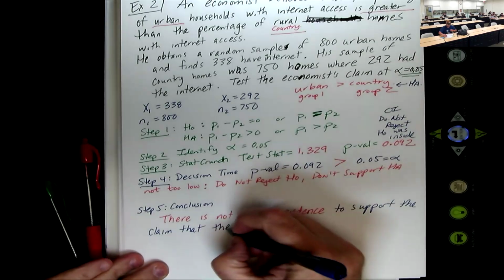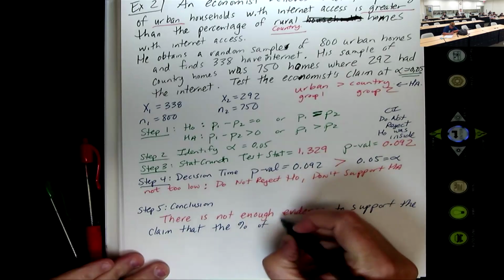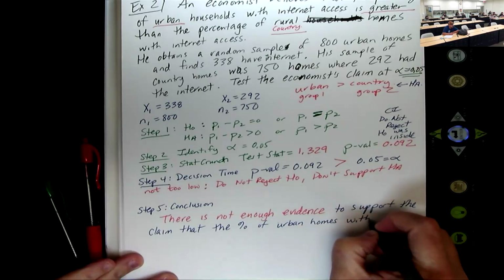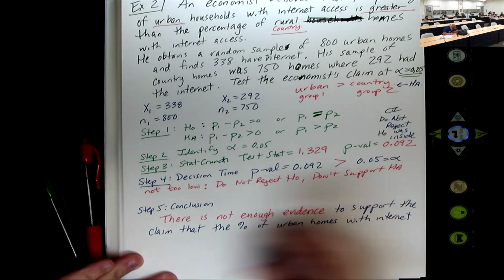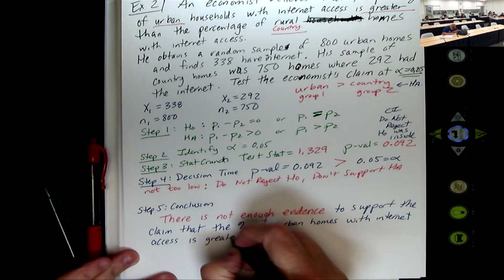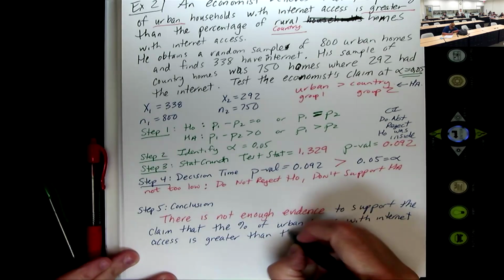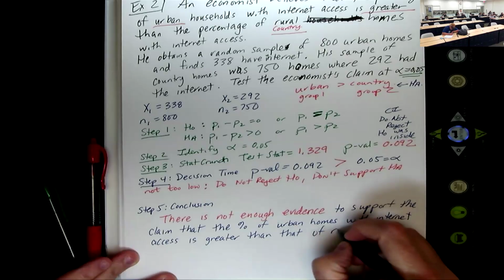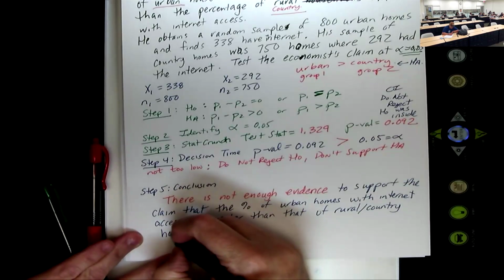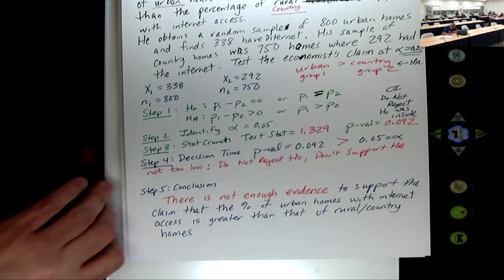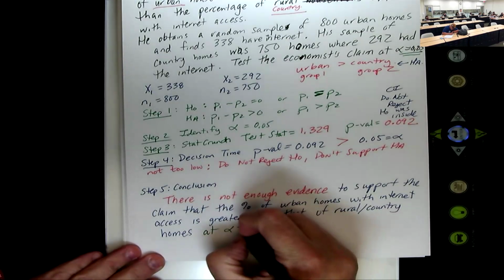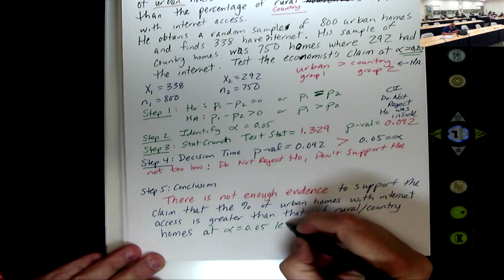That the percentage of urban homes with internet access is greater than that of rural or country homes. And then we'll add in the level of significance we tested it at: at alpha equals 0.05 level of significance.